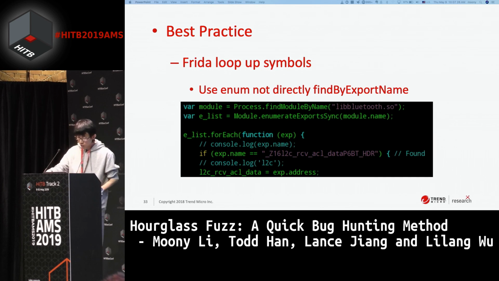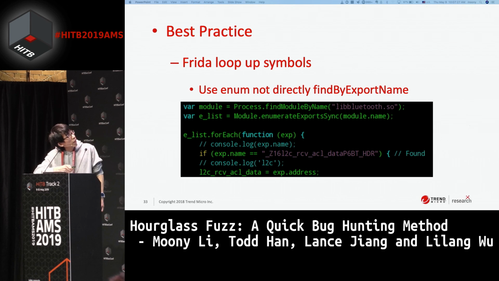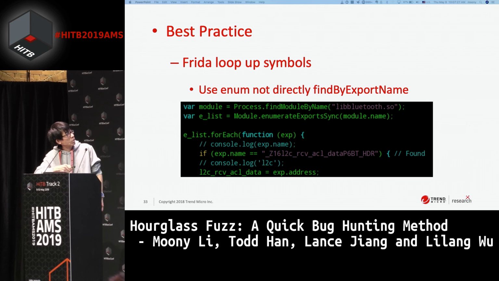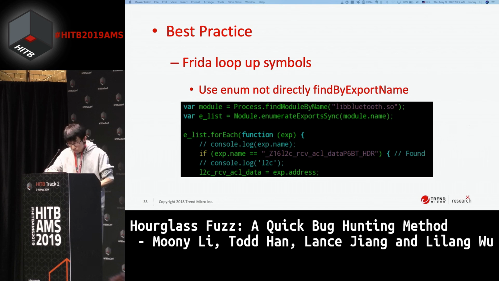And then we also found that the API findExportByName provided by Frida will sometimes give us a wrong function address, which could not be used for mutating data. So finally, we found that we just use enumerateExports. We use this to get all the symbols in an SO, and then we just compare the names to find their addresses, and this works well.